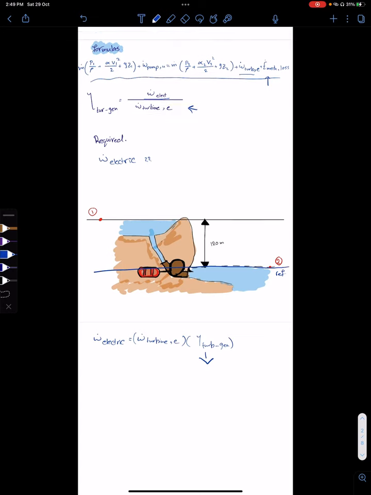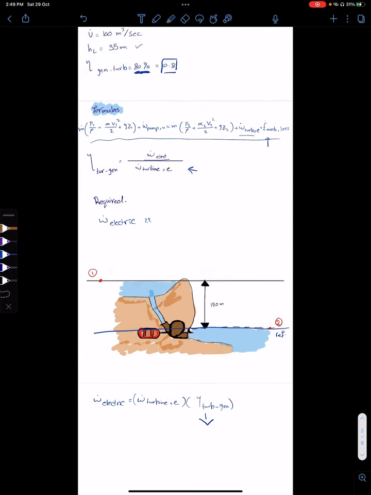We have a part of it which is head loss here. To find the efficiency of turbine generator, we will say head loss multiplied by 9.81, which is gravity, multiplied by m dot.